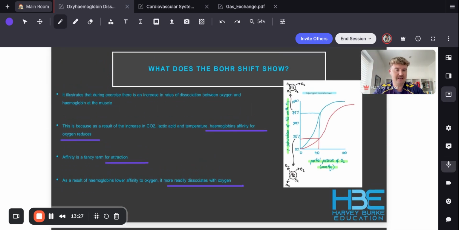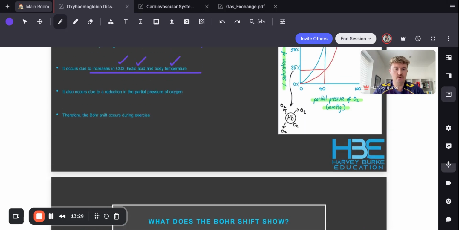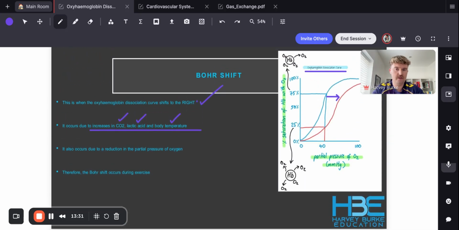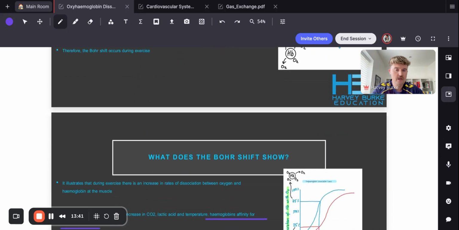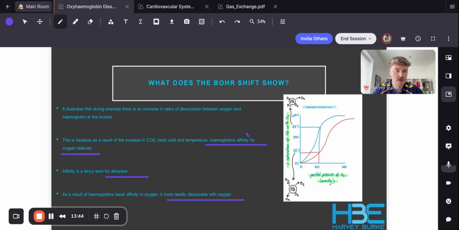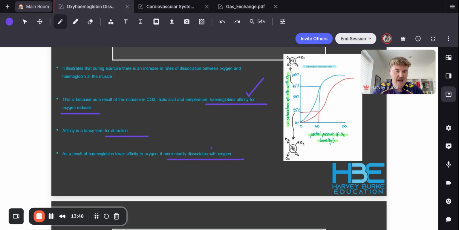So they're the key things that they'd want you to mention if you get a question on the Bohr shift. Stating that it's when the oxyhemoglobin dissociation curve shifts to the right, 1 mark. As a result of an increase in body temperature, let's say, 2nd mark. As a result of that, that lowers hemoglobin's affinity for oxygen, and that then increases the amount of oxygen that is dissociating from hemoglobin.